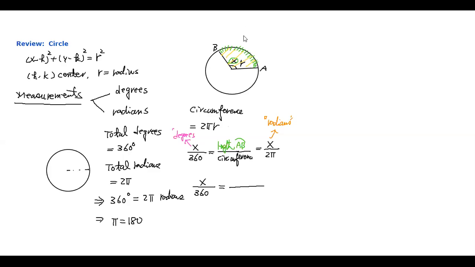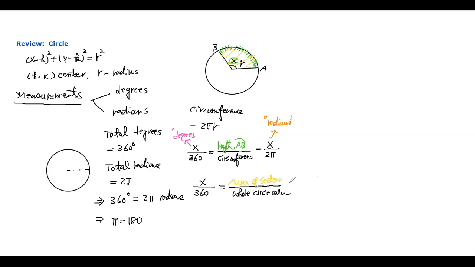This will be equal to the area of the sector, right? That's the area of the sector, I marked it in yellow, right? Then here will be the whole circle, so this will be the whole circle's area.